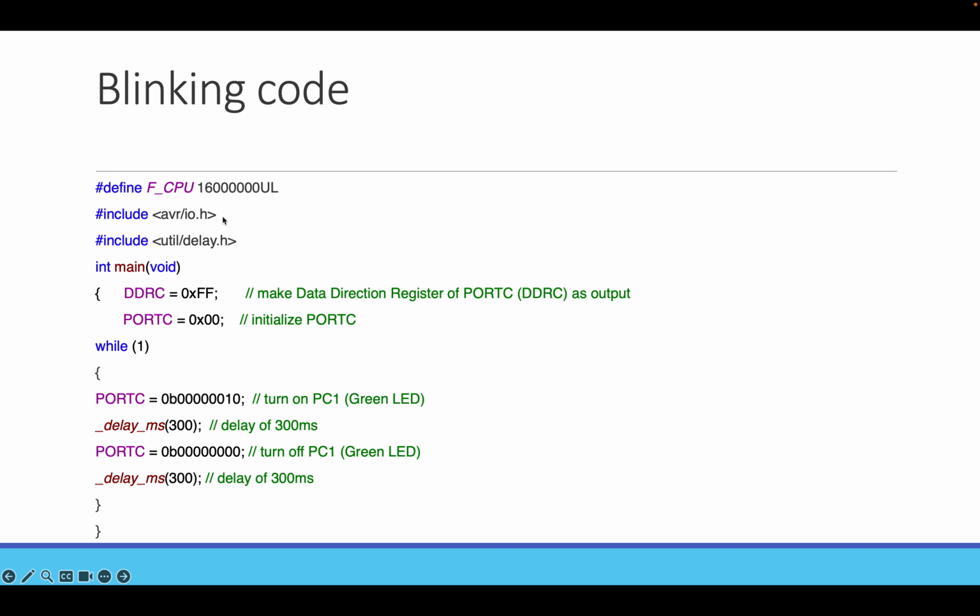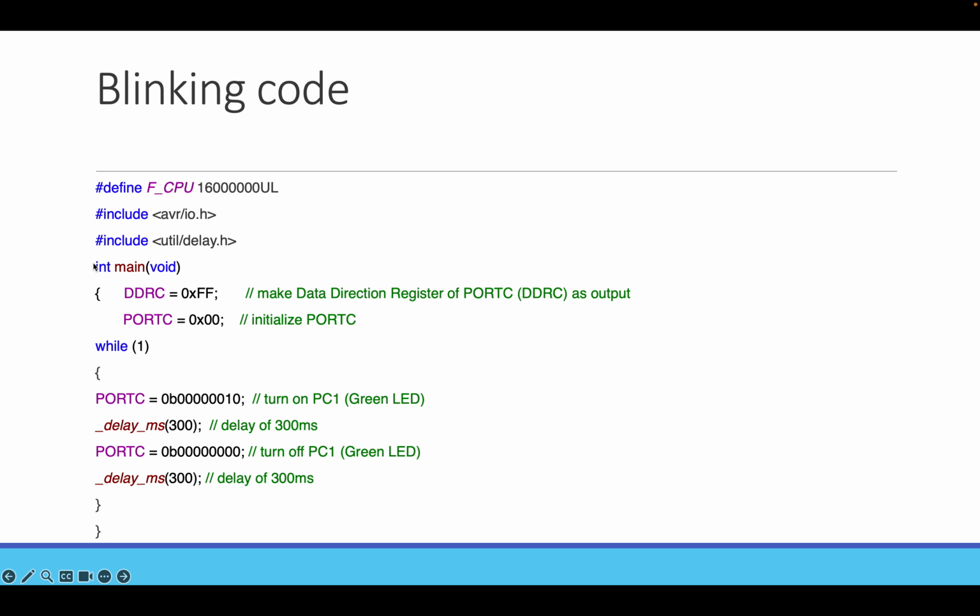Then in this line, we include the header file, including all the libraries and all the memory declarations for the ports and registers for the AVR, so we can use them in the code. And this header represents the delay function, so we can use it for the blinking process.